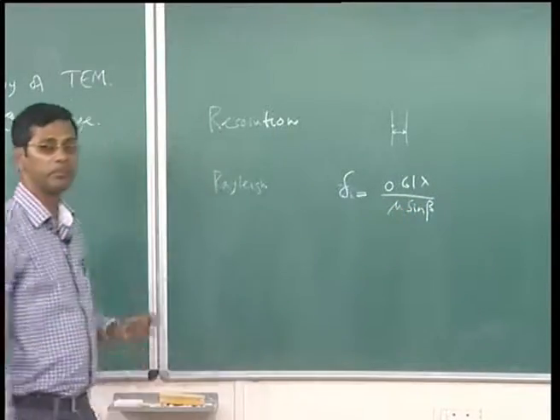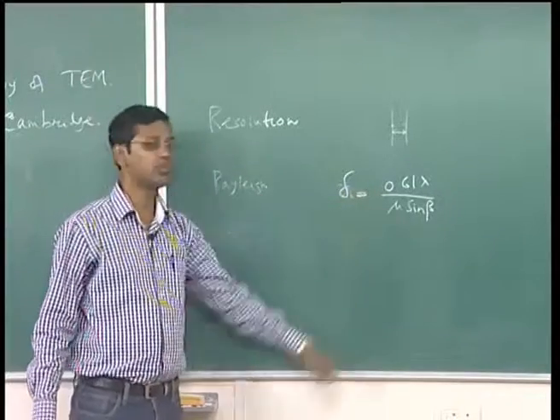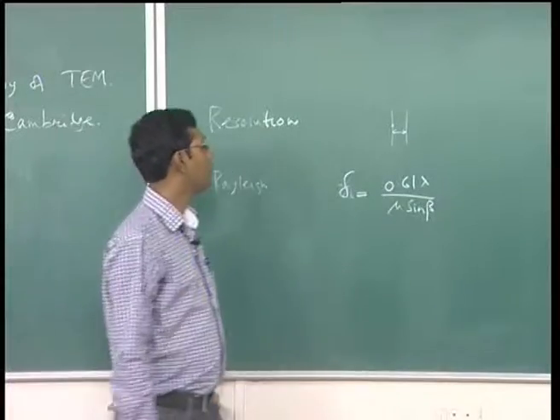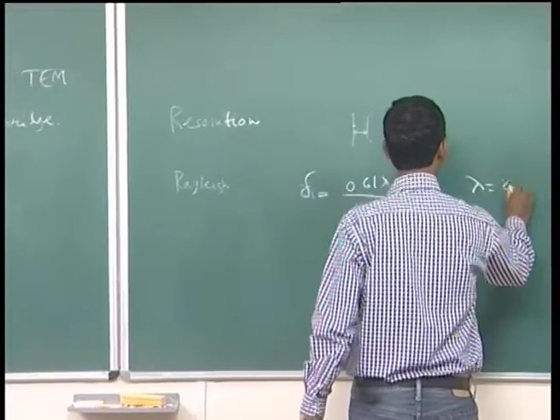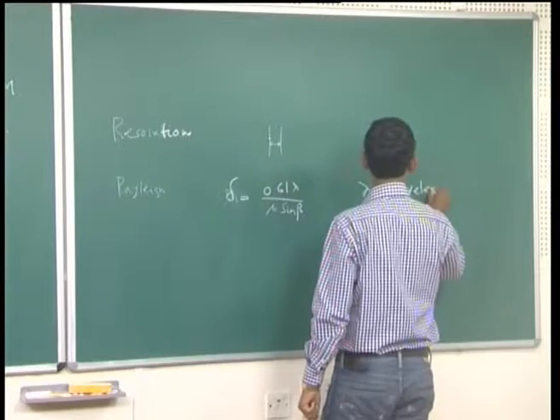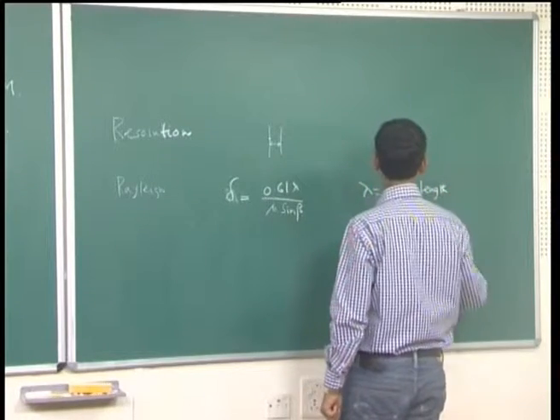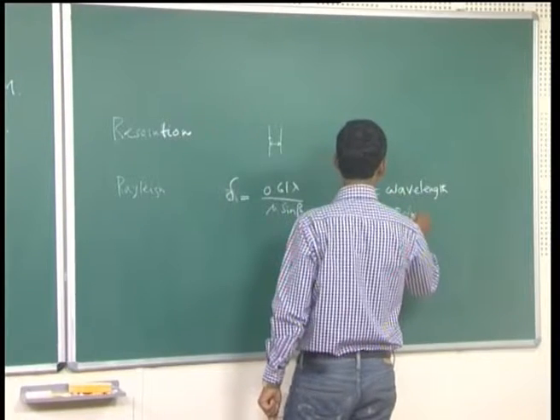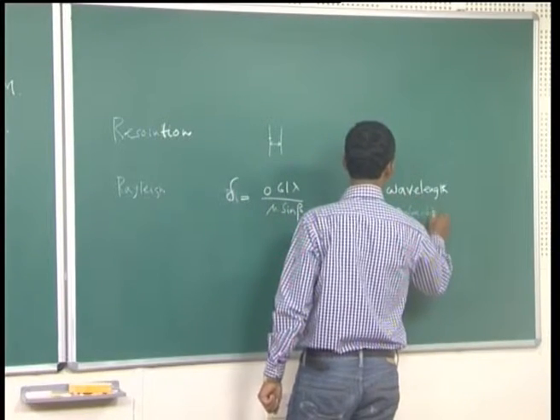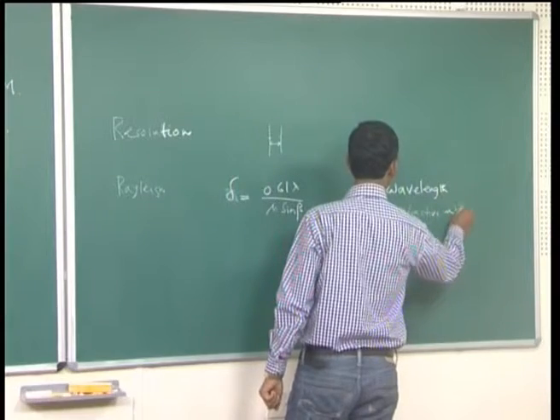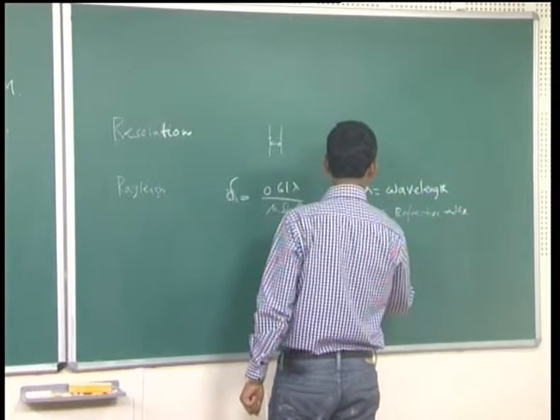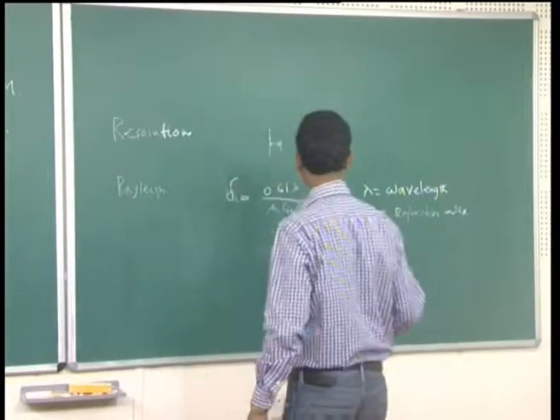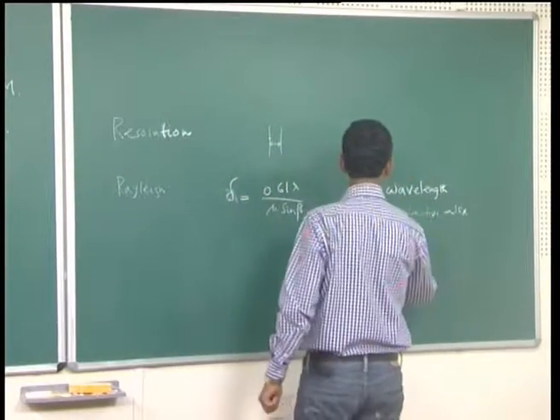So, this formula is given by delta equal to 0.61 lambda divided by mu sin beta, where lambda is the wavelength of radiation, mu is the refractive index of the medium, and beta is the half angle of the lens, or the collecting power of the lens.